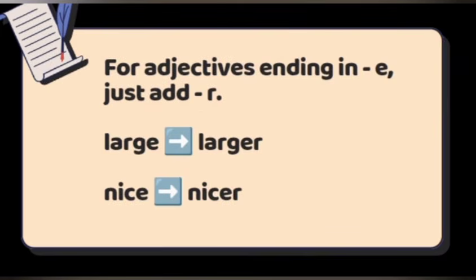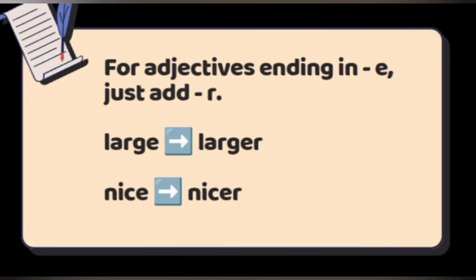Next, for adjectives ending in e, just add r. If we get an adjective that is ending with e, then we need to add only r to change it into comparative degree. Large. Look at the spelling of large and nice.